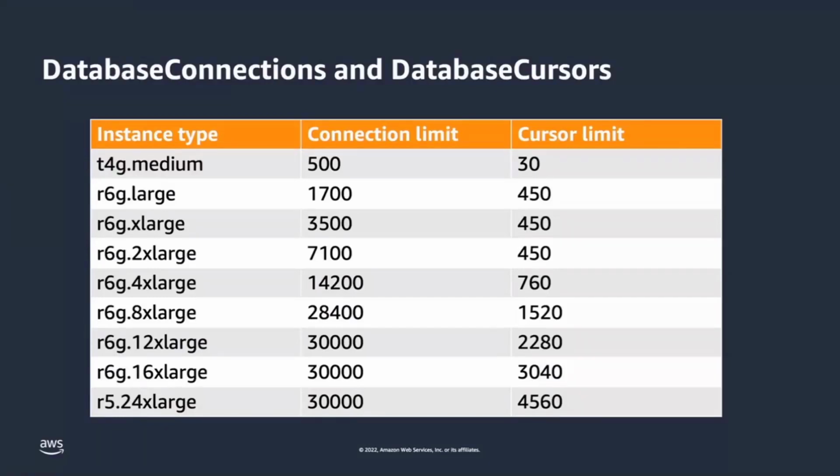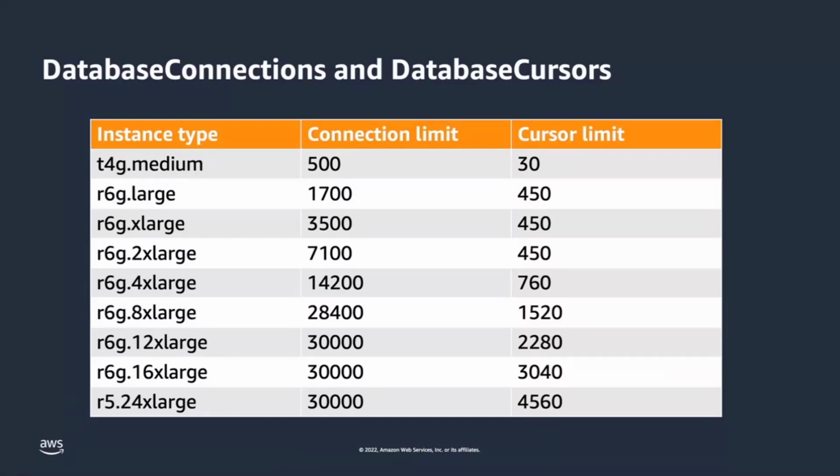Next is around connections and cursors. DocumentDB supports multiple instance types as seen in this chart here. The instances range from the smallest, which is a T4G medium, has 2 vCPUs and 4 gig of RAM, all the way up to the largest, which is an R5 24XL with 96 vCPUs and 768 gigabytes of RAM. Now, each instance type supports a finite number of database connections and cursors, as you see here.